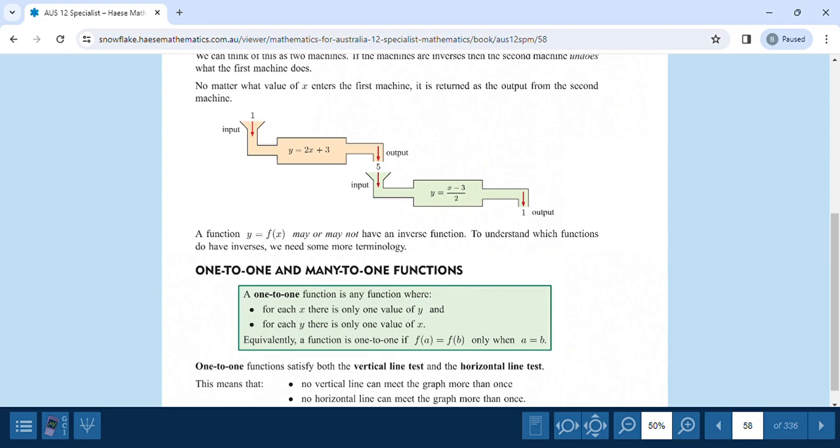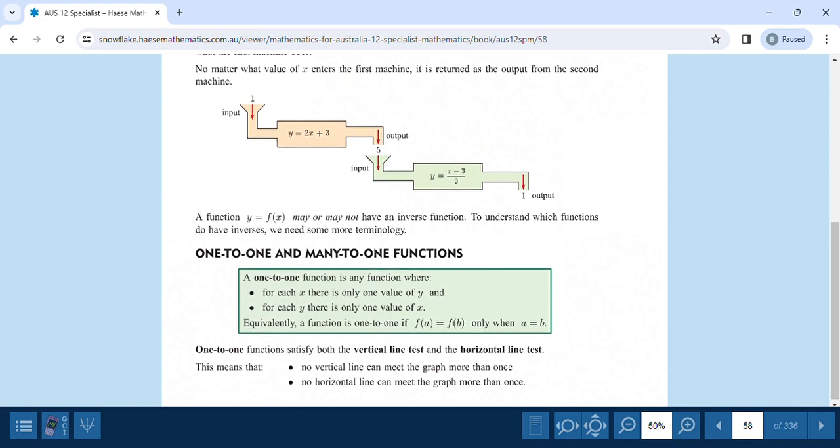So they're not inverse functions, because in the example of a quadratic, it doesn't satisfy the horizontal line test. So basically, one-to-one functions satisfy both the vertical line test and the horizontal line test. So this means that no vertical line can meet the graph more than once, and no horizontal line can meet the graph more than once.